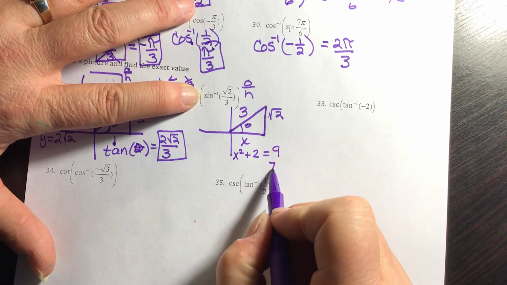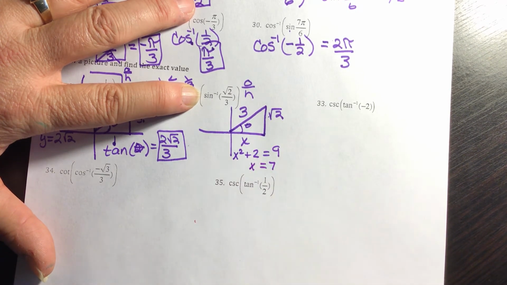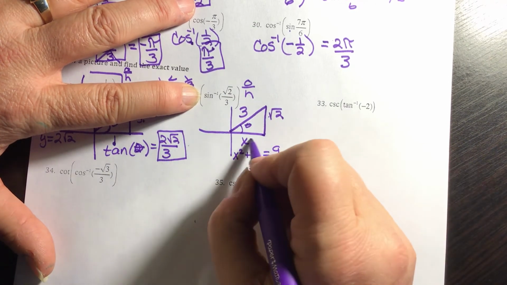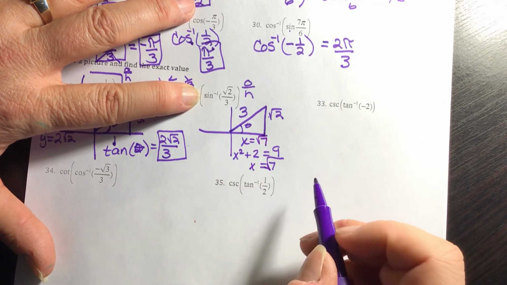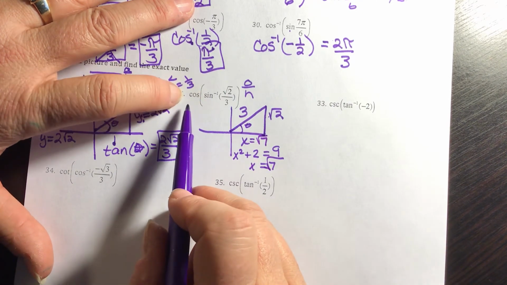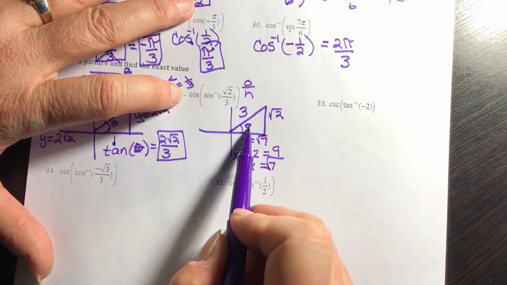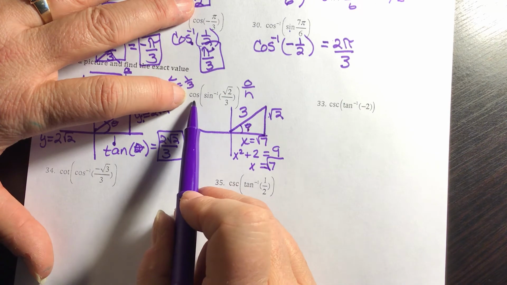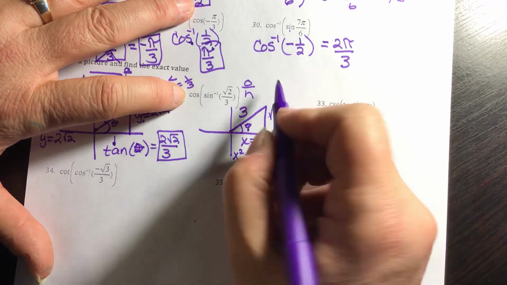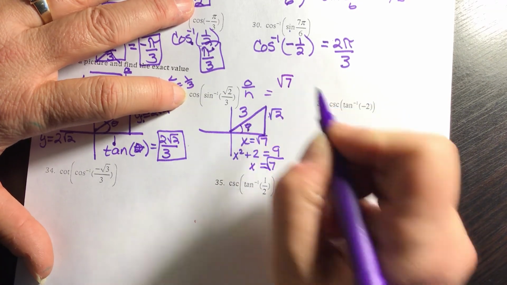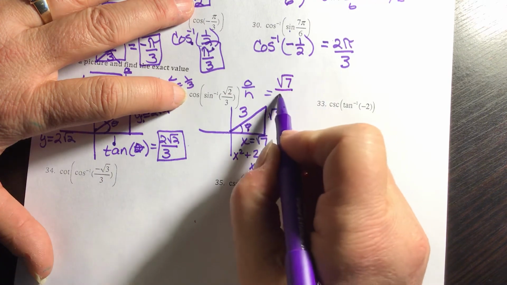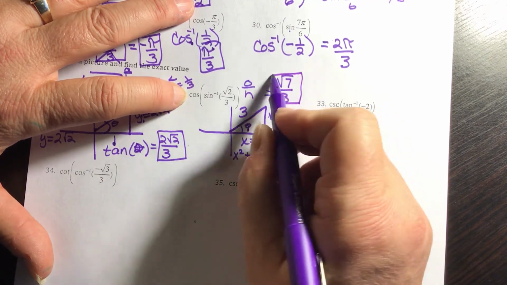Subtract 2, I get 7. So x is the square root of 7. Cosine of this same angle is going to be adjacent, which is square root of 7, over the hypotenuse, which is 3.